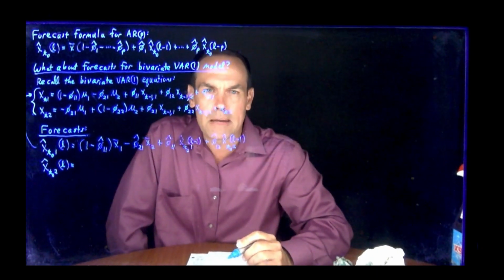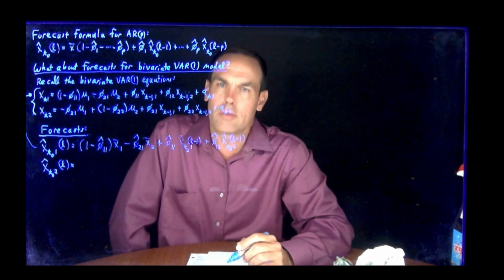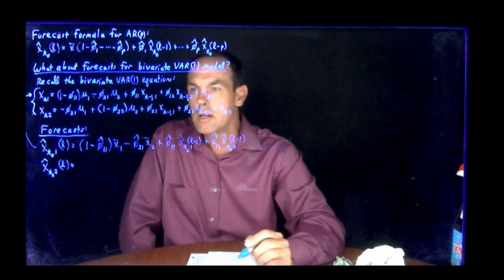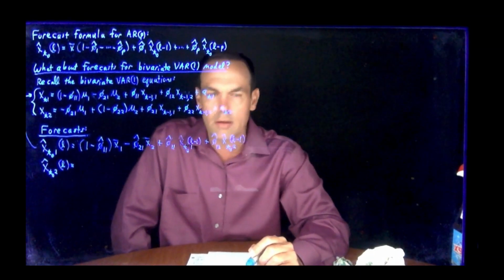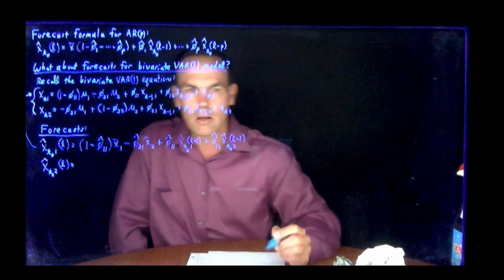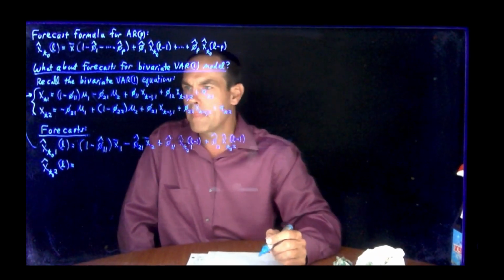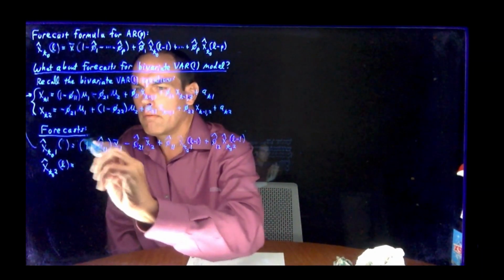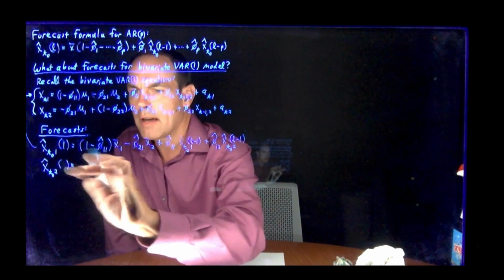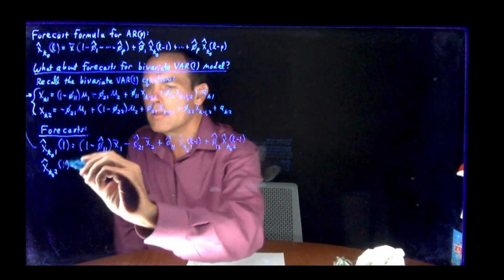Remember the mean of that is 0, so our forecast of it is going to be 0, so it disappears. And there is your forecast formula for x hat of t naught 1 with a lag of 1. We could replace that L with 1 for that very reason.